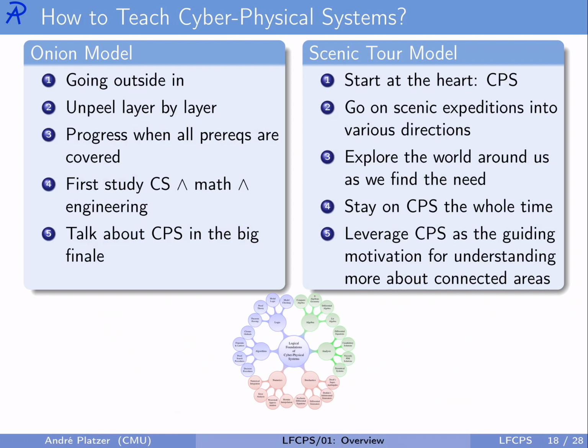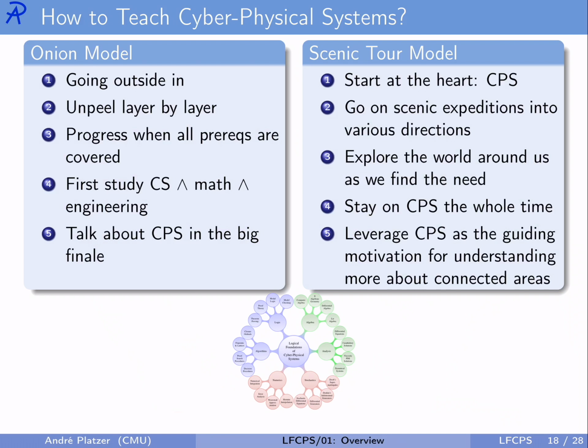The other approach of teaching cyberphysical systems is the scenic tour model, where we will start right at the heart, cyberphysical systems, and then we will go on scenic expeditions into various directions of the dependencies in order to basically explore the scientific world around us as we find the need to do so.